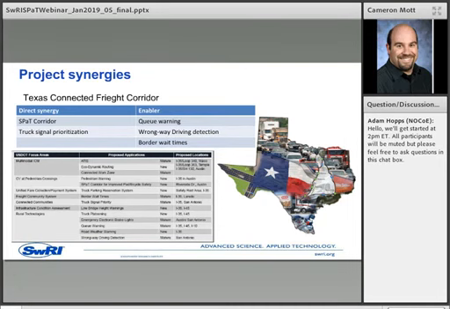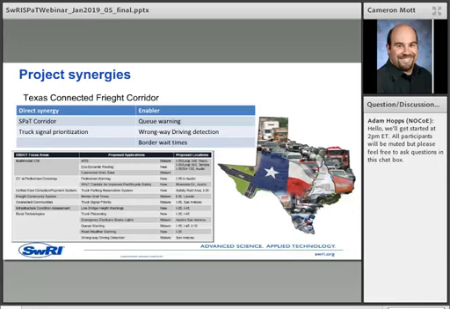Another one of the projects that has some synergy with this effort is the Texas Connected Freight Corridor, and some of the direct efforts that'll tie in well with this. The Texas Connected Freight Corridor, as Jianming will be able to fill in quite well on all of the efforts involved with that. We're focusing on a Texas triangle between many of the major Texas cities, especially those that have quite a bit of freight travel that goes between them.